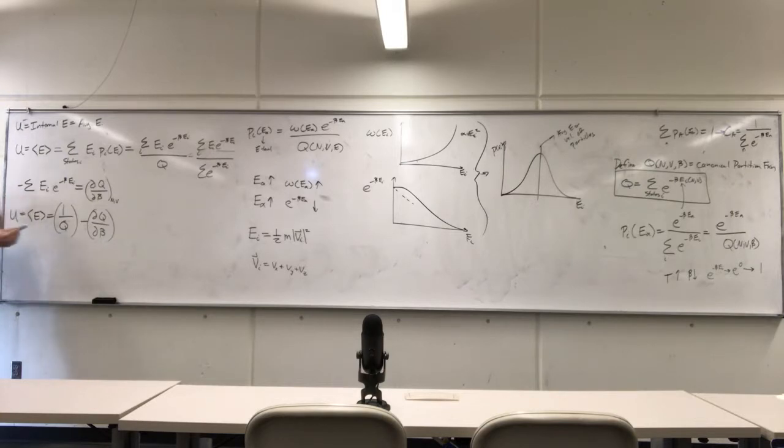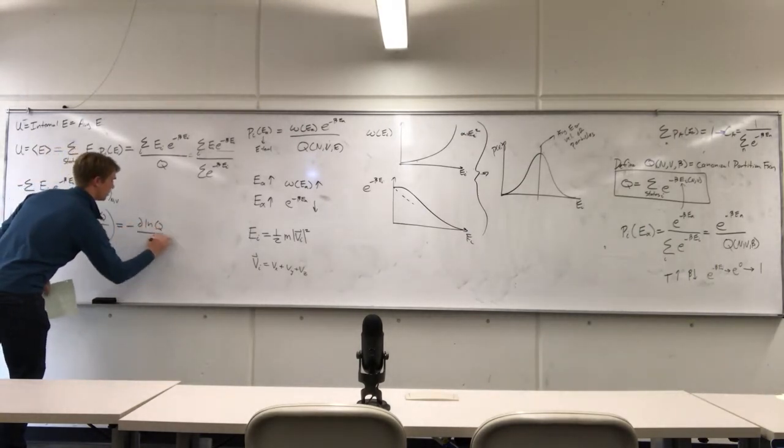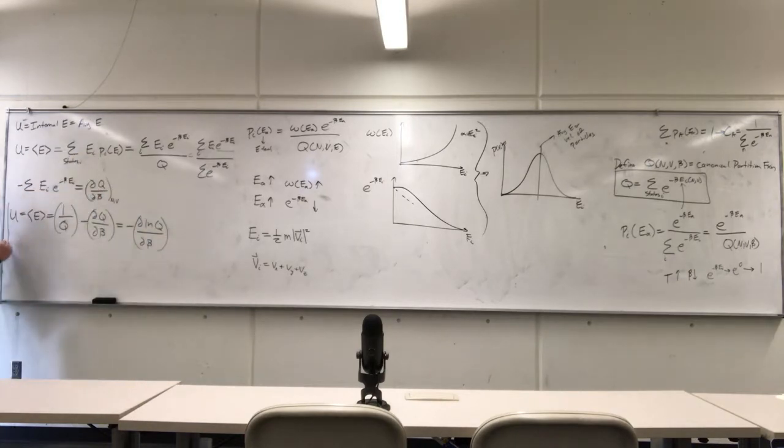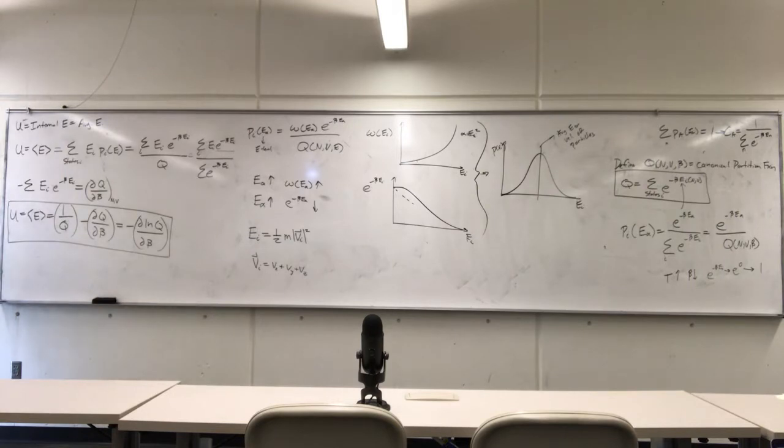Now again, we're going to use this little calculus trick. Anytime you see a derivative multiplied by a reciprocal, you can make that into this expression. And this is a very important conclusion to statistical mechanics.